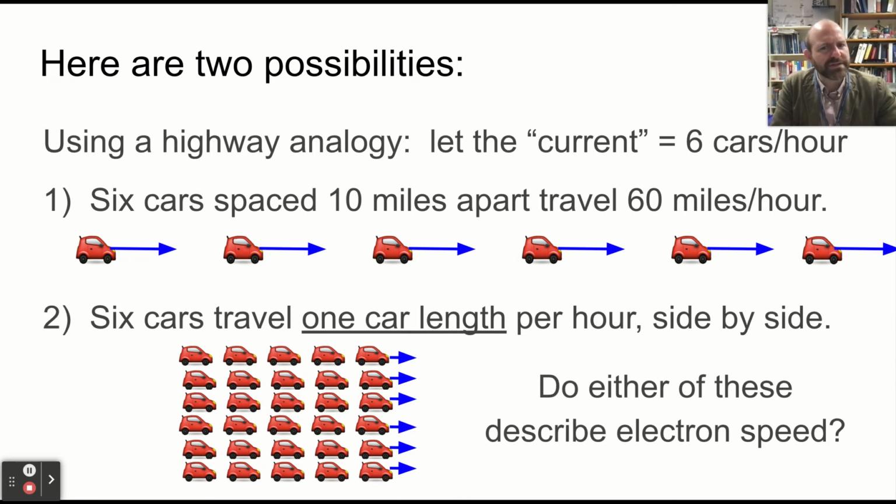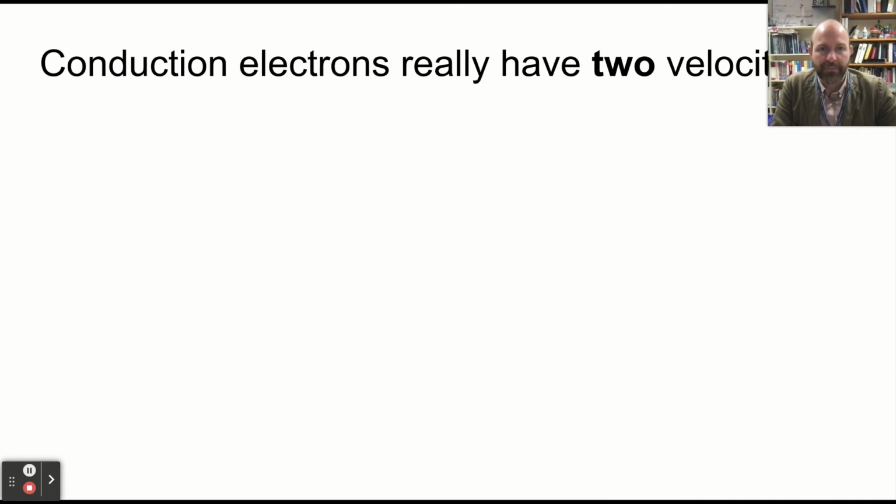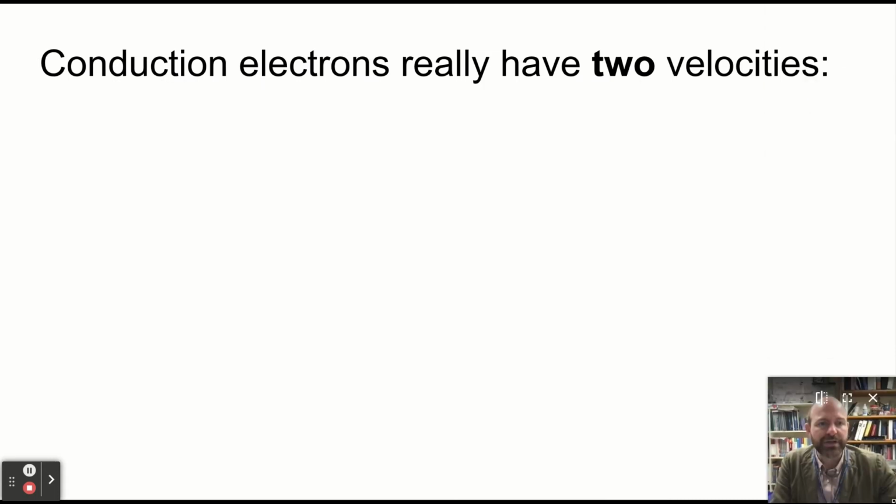Do either of these tell us exactly how fast an electron is going? Well, not exactly, but it gets at the idea that the actual motion of the electron is not as directly related to the current as we might have thought. Electrons actually have 2 velocities we care about, and we call these conduction electrons.